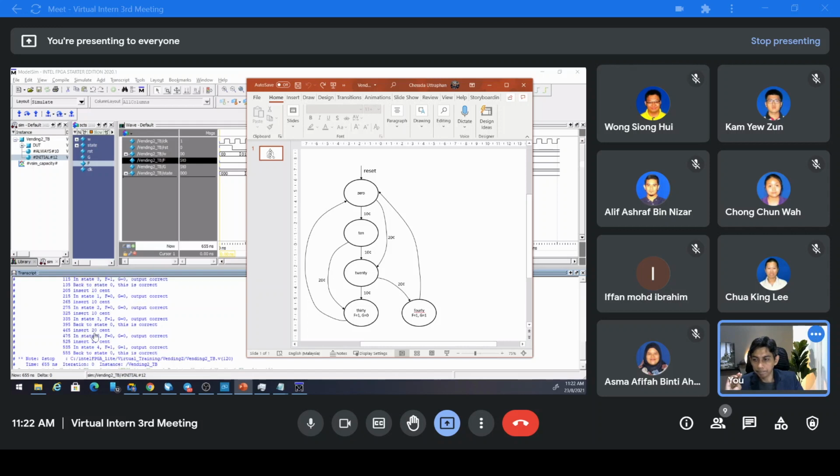And now you check another flow. Insert 20 cent, so it will go to state 2 here, and the output is correct. You insert another 20 cent, it will go to state 4, and the output is correct. So all are correct. If you have any incorrect here, you need to go back and check.